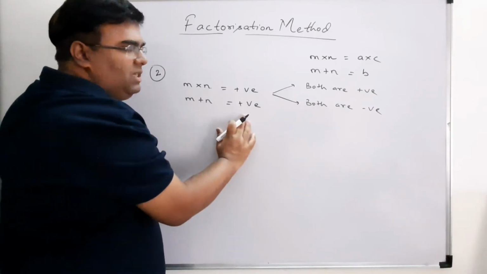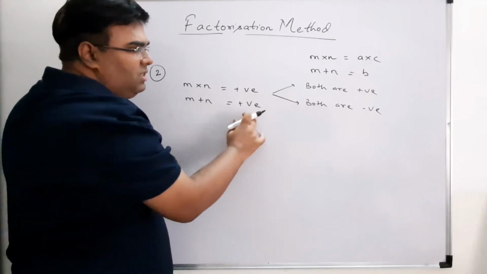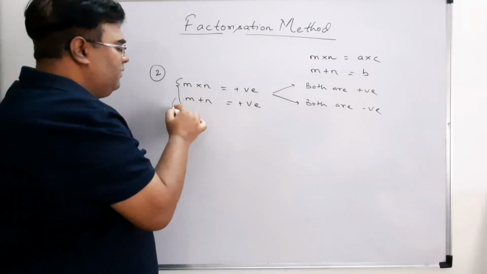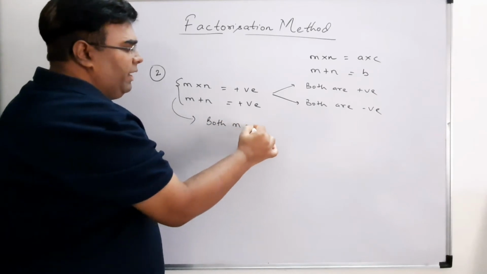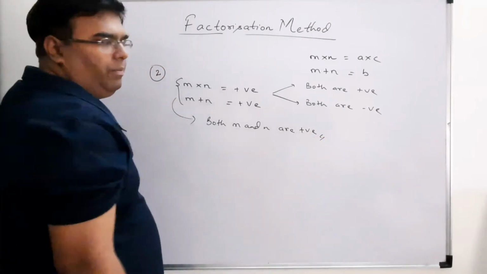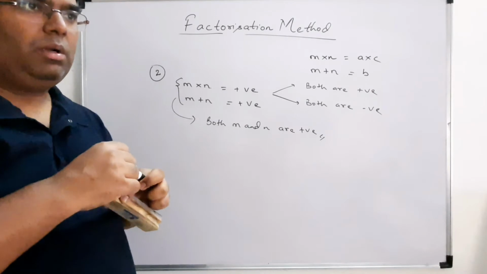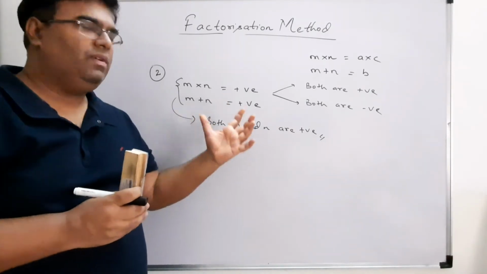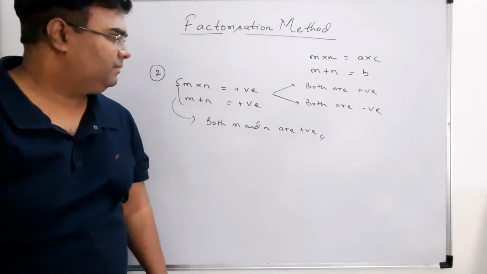Here the condition is that M plus N is also positive. It means there is only one case, which is both are positive. So from this condition we can conclude that both M and N are positive. You need to keep all these things in your mind, because while finding M and N, this will help you to find them quickly.